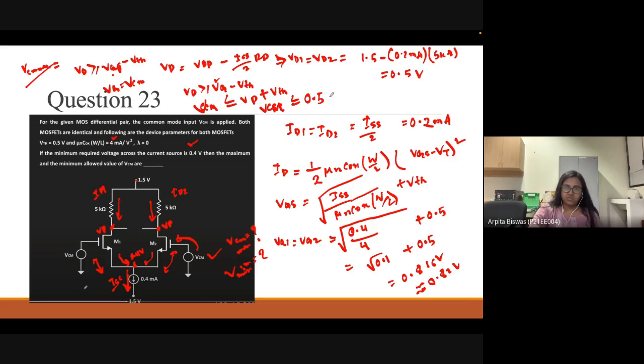Then what is the value of VTH? 0.5. Then VCM is less than or equal to 1. So the maximum value it can go up to is VCM max equal to 1 volt.